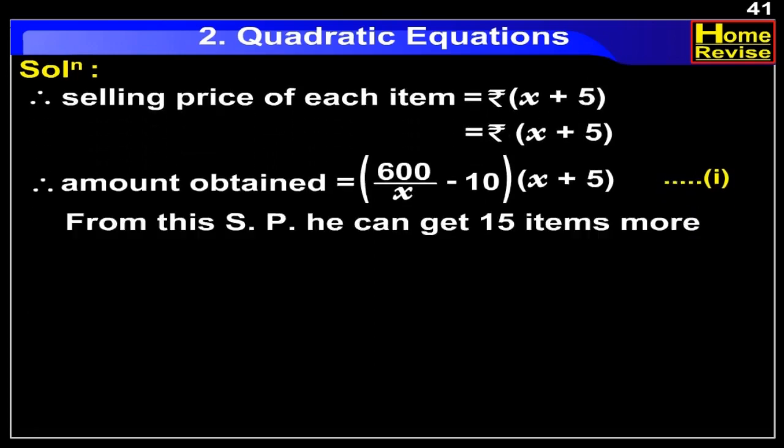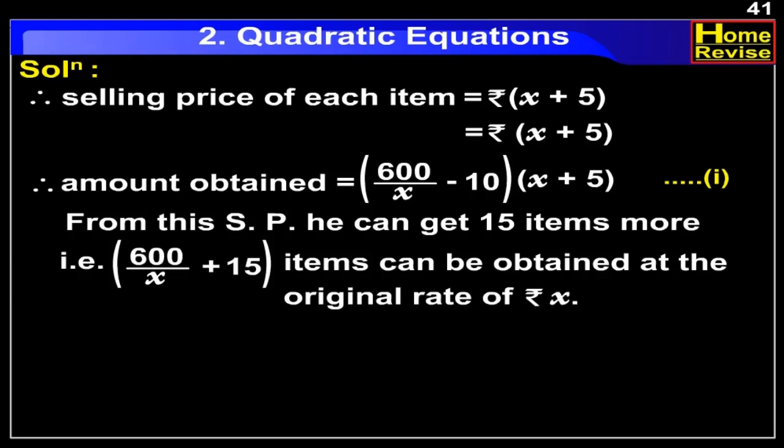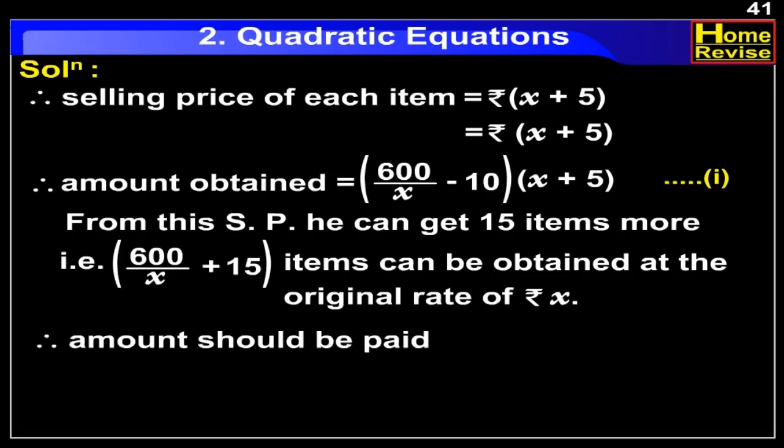Now, from this selling price, if we can get 15 items more, that is 600 upon x plus 15 items can be obtained at the original rate of rupees x. Therefore, the total amount to be paid is equal to number of items into original rate of item, which is equal to 600 upon x plus 15 into x. Let this be equation number 2.